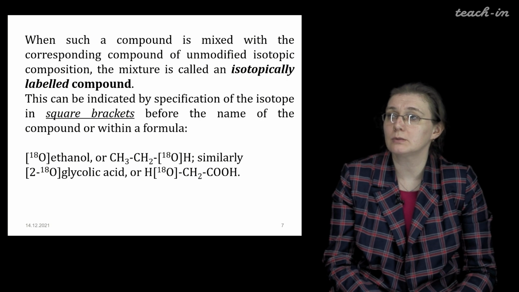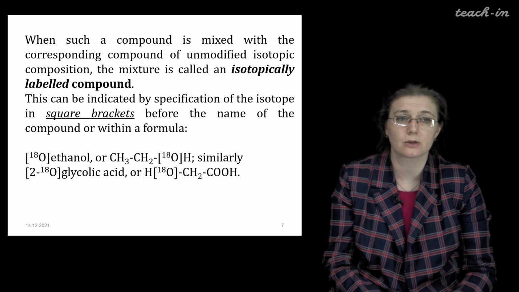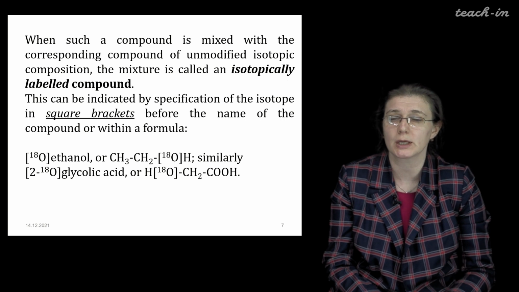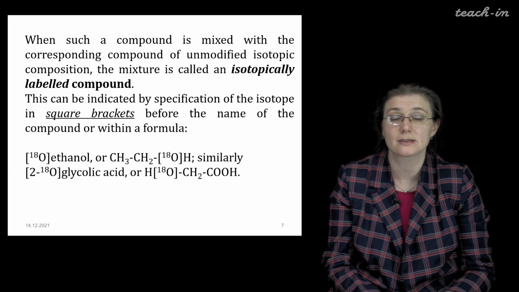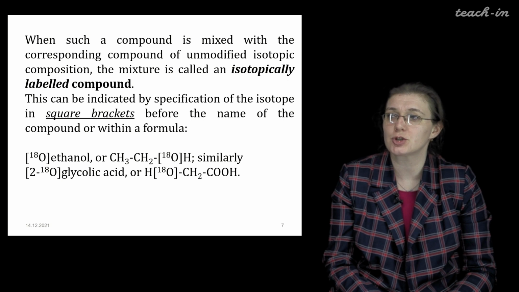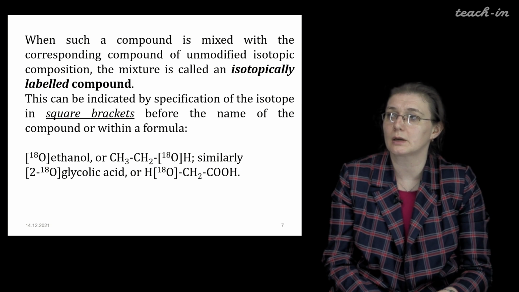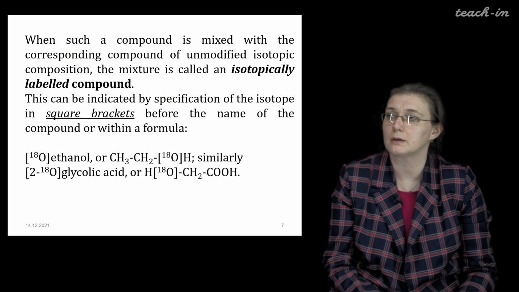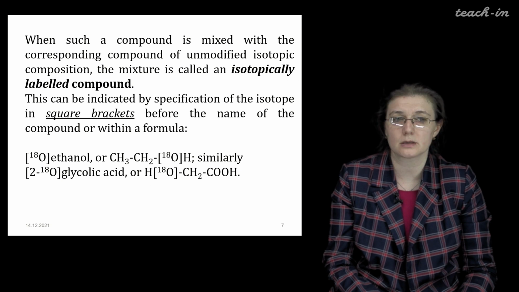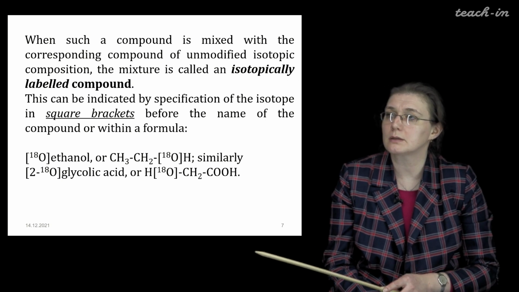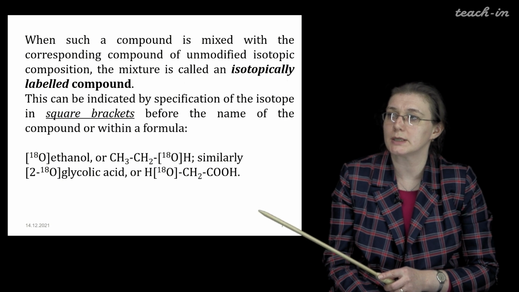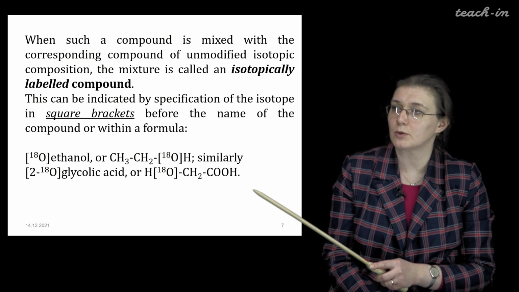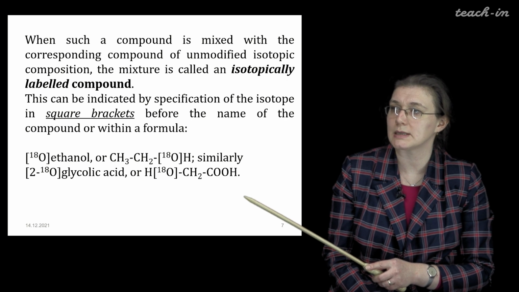When such a compound is mixed with a corresponding compound which is non-labeled, which doesn't have a radioisotope, such a mixture is called an isotopically labeled compound. That can also be identified by formula and name. The difference is that the isotope is placed in square brackets before the name of the compound or within the formula.